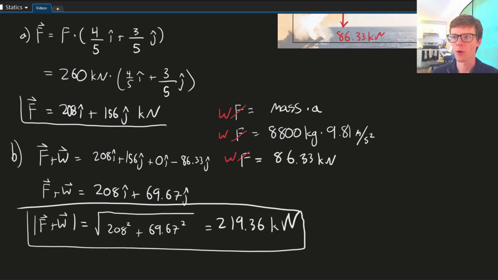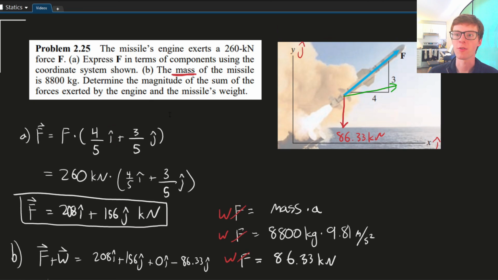And this is your answer for part 1. So that's an introduction on how to do force vectors. Your goal is to first decompose them. So we had a single vector that was going in the x and y direction.